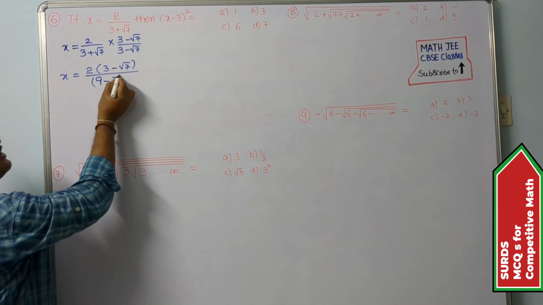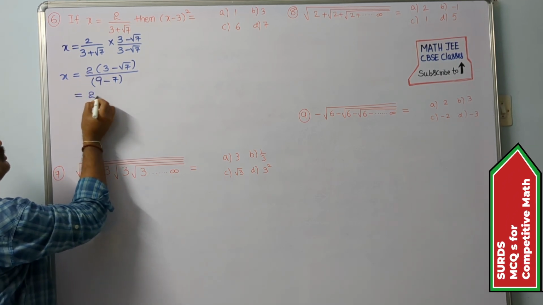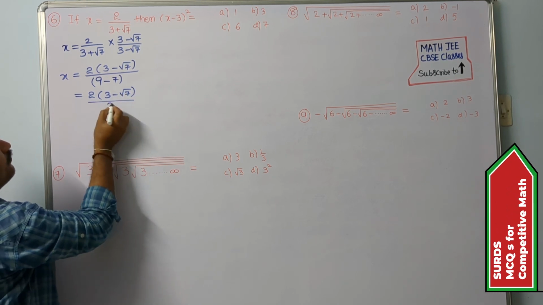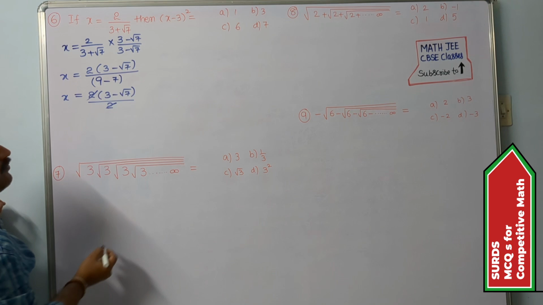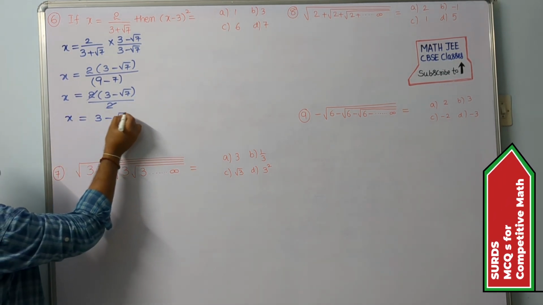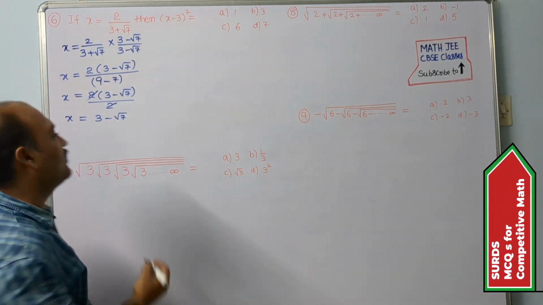9 minus 7 is 2. Here also 2 is there, we can cancel it. 2 into (3 minus root 7) divided by 2 is equal to x. Here 2 gets cancelled. After that, x is equal to 3 minus root 7. They are asking to find (x minus 3) whole square, dear students.